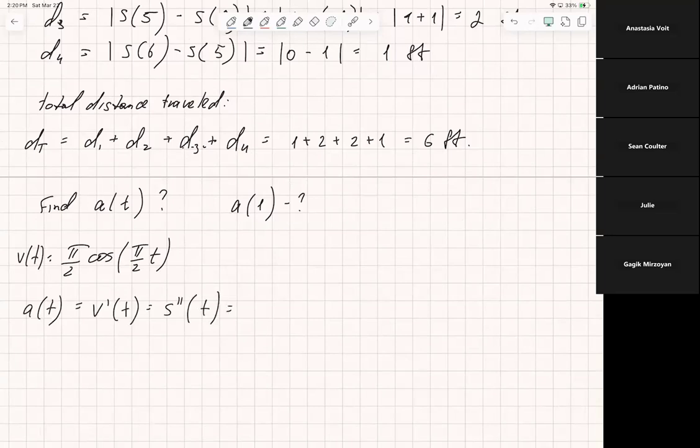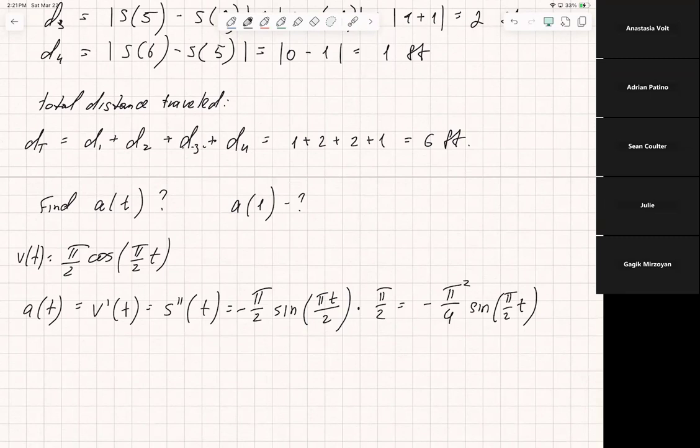So we would have here cosine becomes negative sine, right? So we have pi over 2 with the negative sign, sine of pi t over 2, and now we take the derivative of the argument, which is this one, so we would get pi over 2 here, right? So that's the same thing as saying negative pi squared over 4 sine pi over 2t. Okay, so this is our acceleration.